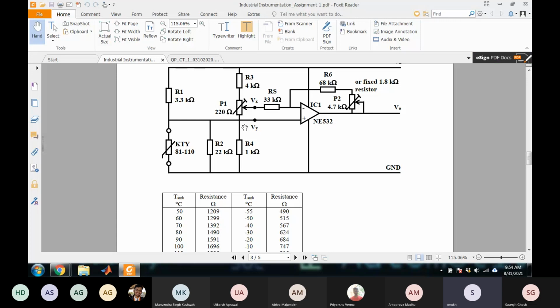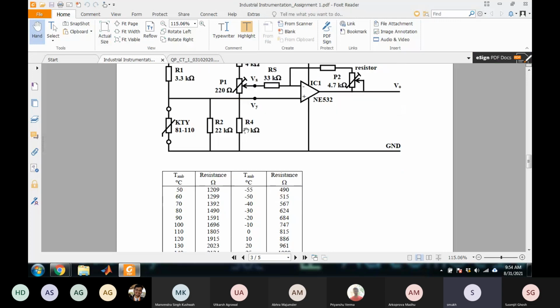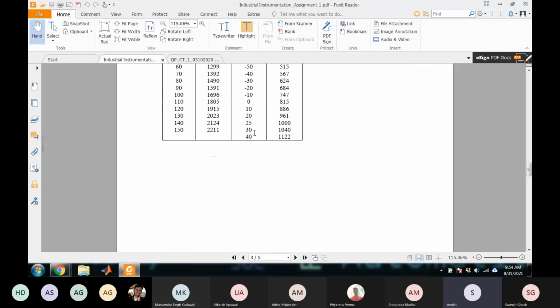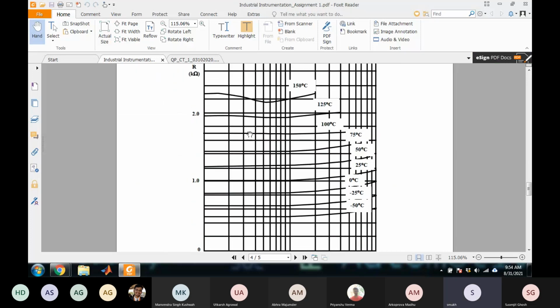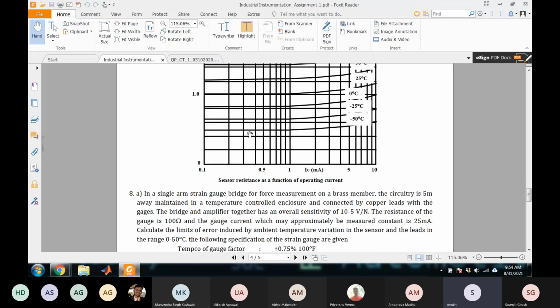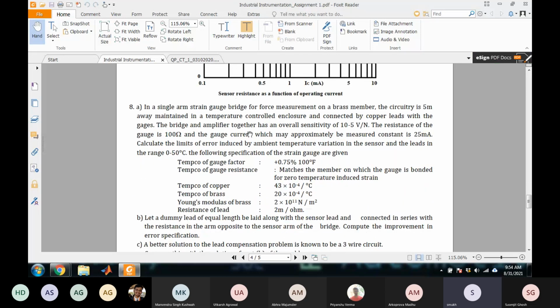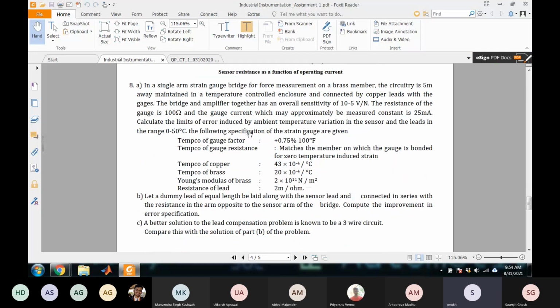Then go down, Srinjit. So this is some data sheet information given for the sensor. Another similar, simpler question is in 8, where there's a lead.